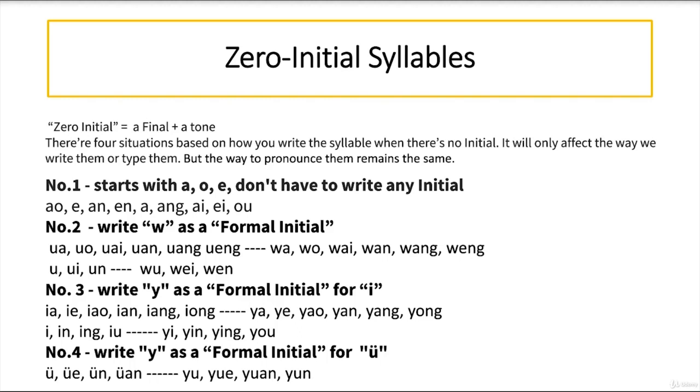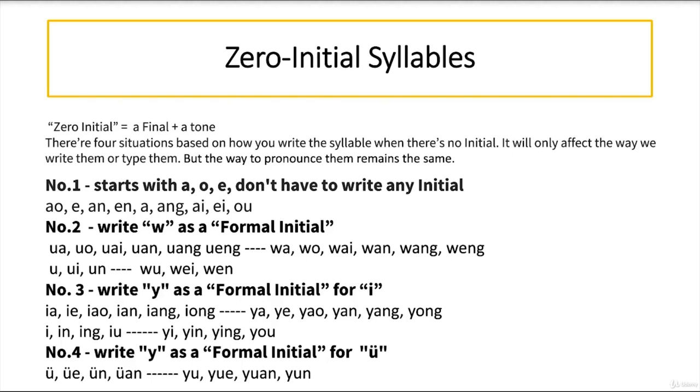Number 1. Don't have to write any initial. When there's no initial, that means the syllable starts with one of the following vowels, because all the finals in the pinyin system start with these 6 vowels. So when the syllable starts with A, O, E in pinyin, we'll just write the syllable as it is.